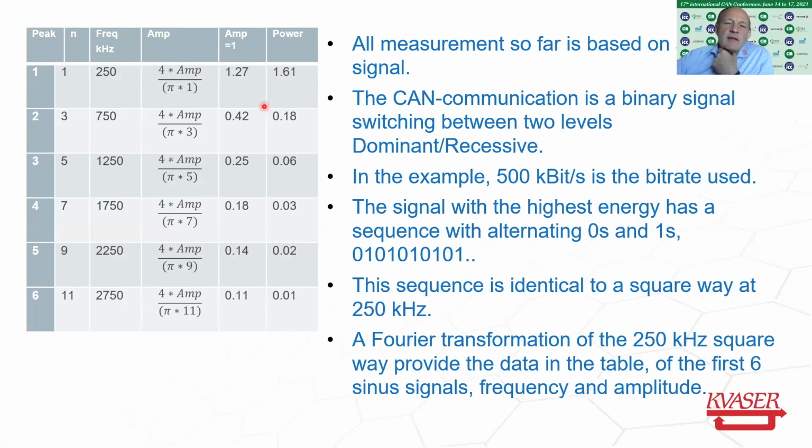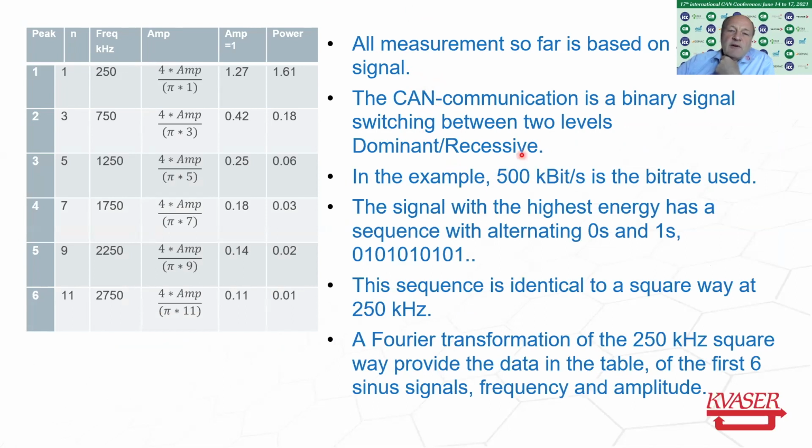And the reason I say this is that, I think in this case, it used 500 kilobits per second. And what we do here, because the previous measurements, the TDR and the S12 measurement, are based on sinus signals, and of course, when you do the CAN communication, we have binary signals.